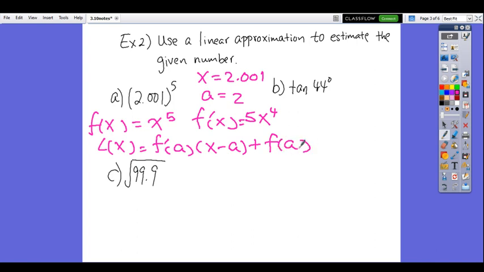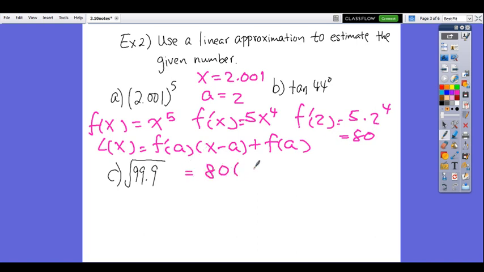Just like the point-slope form, or you can say the slope-intercept form. So f prime of 2 is 5 times 2 to the power 4. 2 to the power 4 is 16, 16 times 5 is 80.